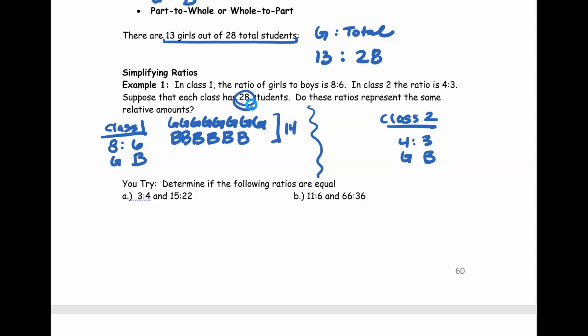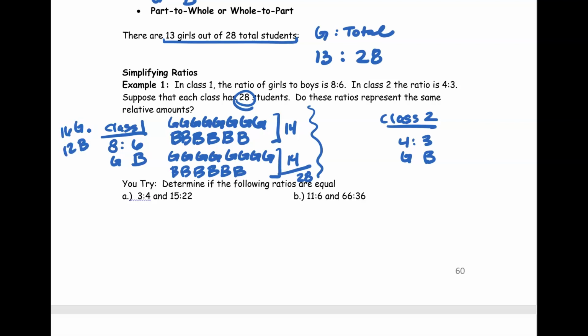It says there's 28 students in the class, so I need to keep going, and I'm going to do that again. So 8 girls, 6 boys, and we've got another 14 for a total of 28. So it looks like there's 16 girls and 12 boys in the class.